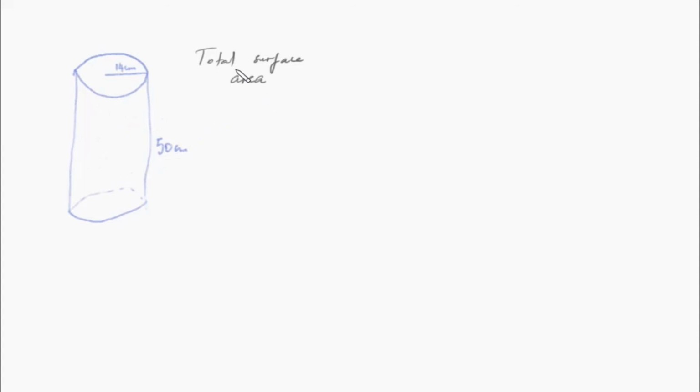Now, like I said, what I would advise you to do here is to draw the net of this solid. If we draw the net, it would appear like this. This is actually a rectangular part.